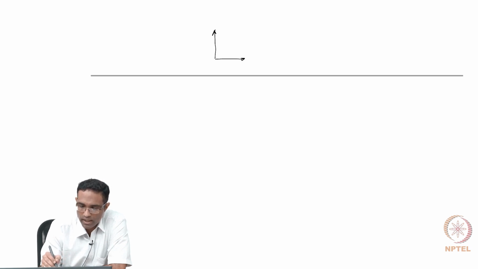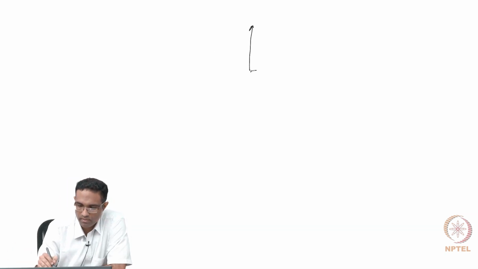Whenever we are talking about the monoclinic unit cell, it is important for us to know how these lattice vectors are actually pointed with respect to our x, y, z axes. So this is our x, y, z axes, forming a right-handed system.